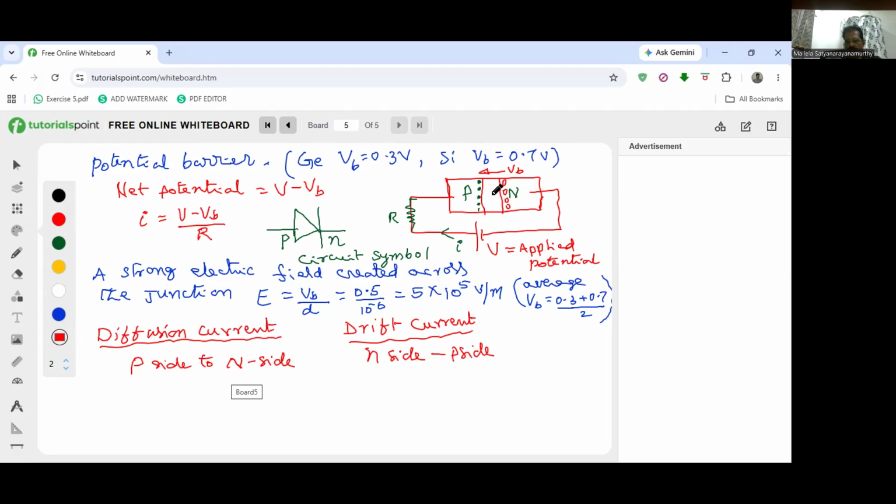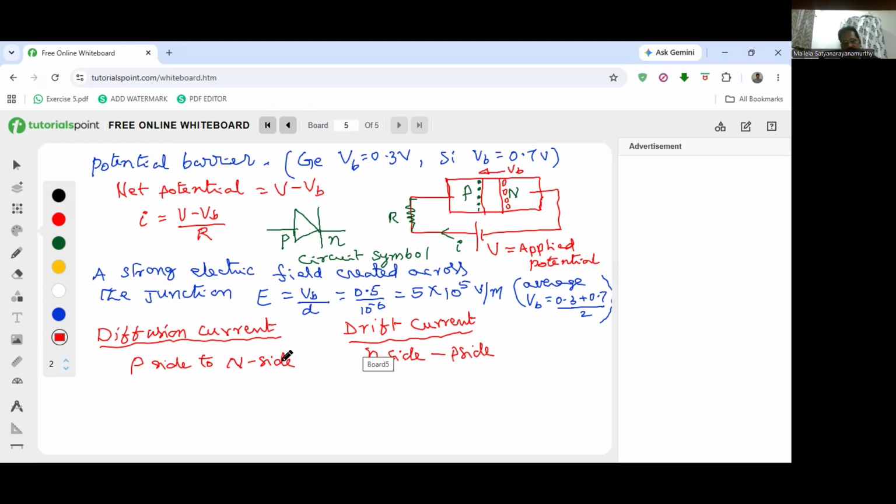The electric field performs work: it sends electrons to the N region and holes to the P region. So a current develops there, that is called the drift current.